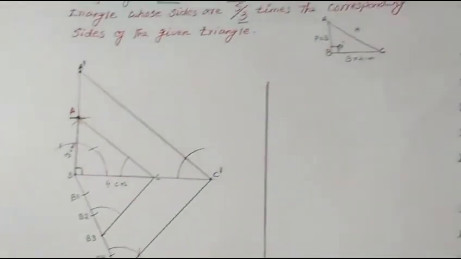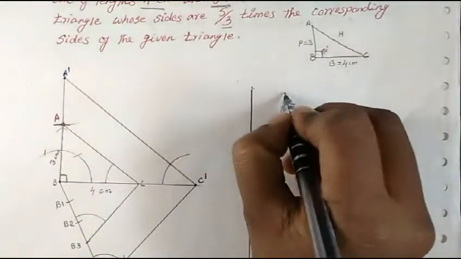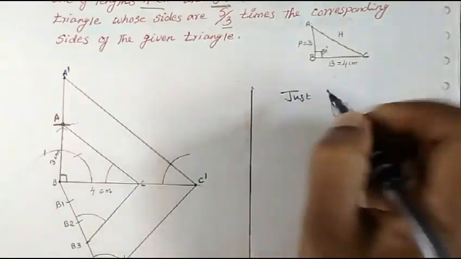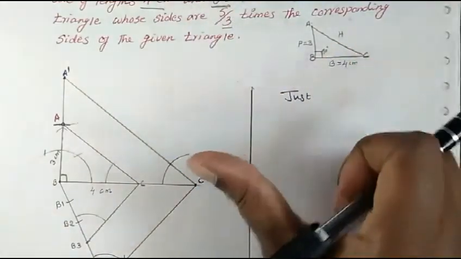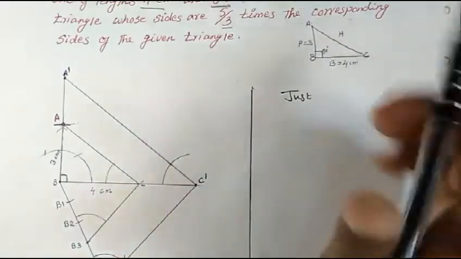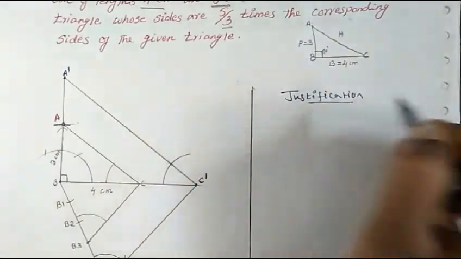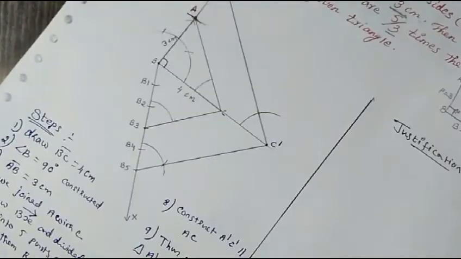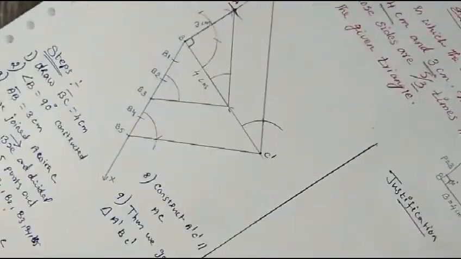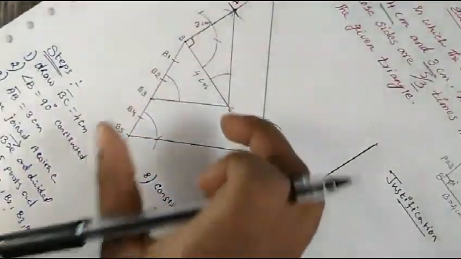Okay. So now let's come to the justification. The justification is the same method for everything. In Exercise 11.1, if you see, all the justifications are the same method. Only you have to remember the steps. I've told you for a triangle, this is the triangle.